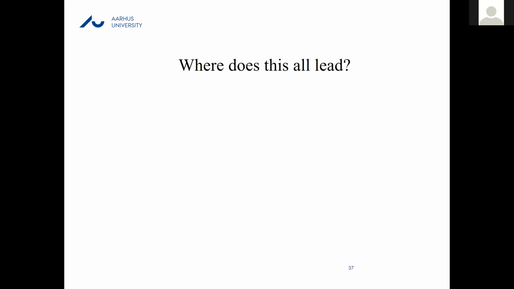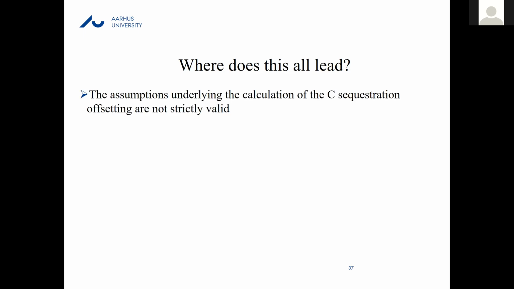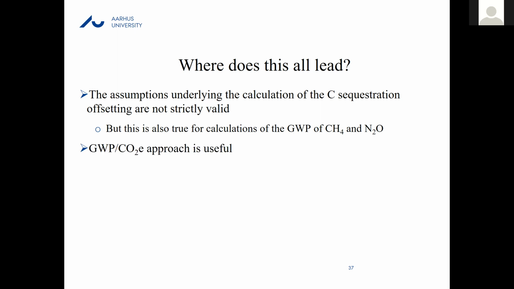So where does this lead us all? Well, the assumptions underlying the calculation of the carbon sequestration offsetting are not strictly valid. However, that's also true for the calculation of the global warming potential of methane and nitrous oxide. This global warming potential CO2 equivalent approach is useful in that the advantages associated with simplicity and transparency outweigh its inaccuracy.